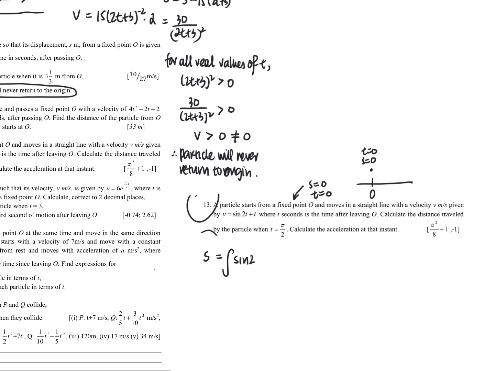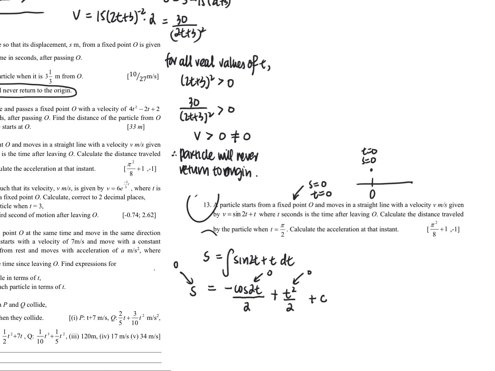So how to find S? Integrate sine. You all still remember how to integrate sine? Equals cosine. Just cosine? Negative cosine. And then you divide by the differentiation, 2. Then this one is just t square over 2 and then with a plus c. So this is your expression for displacement. Sub in 0, 0, 0.